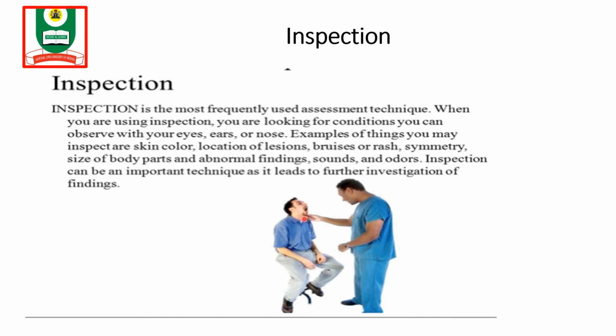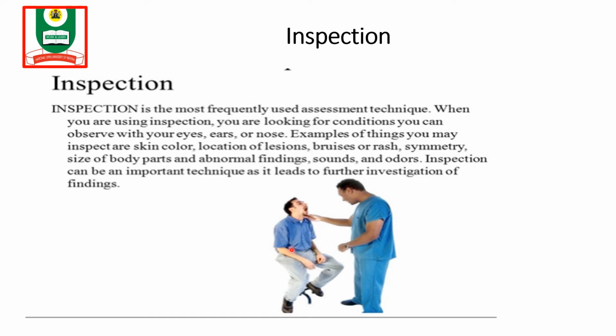So while you are doing your assessment, what are the things you can observe at this stage? The nurse can observe the skin color, if there are rashes anywhere. Let's take an example of inspection of the abdominal region, depending on the sex and the age of that individual.